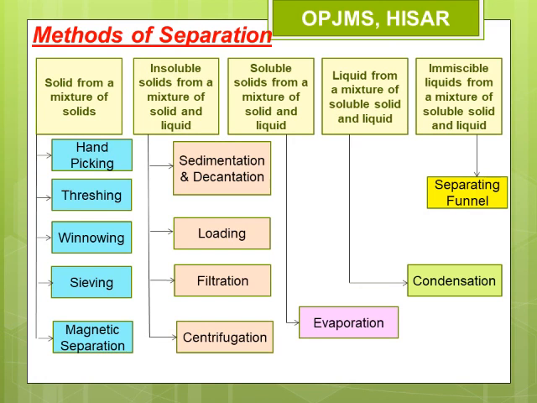Today we are going to study the techniques by which we can separate soluble solids from a mixture of solid and liquid, so that we get both the solid substance and the liquid. It can be done by applying the techniques of evaporation and condensation. In addition to this, we will also study how immiscible liquids can be separated by using a separating funnel.